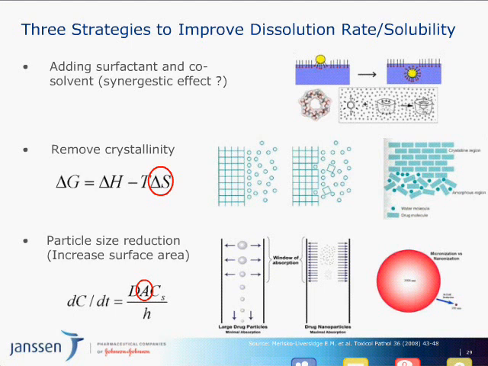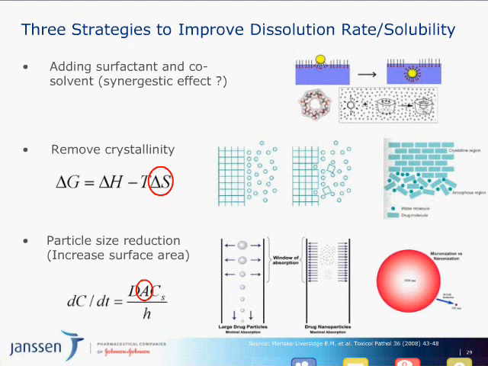Another strategy is by removing the crystallinity and creating amorphous systems. If we create an amorphous system, we will also get a better dissolution rate, so higher solubility, because in an amorphous system we need less energy to break. If we have the crystal lattice, we need more energy to break the crystal lattice in comparison with the amorphous system.